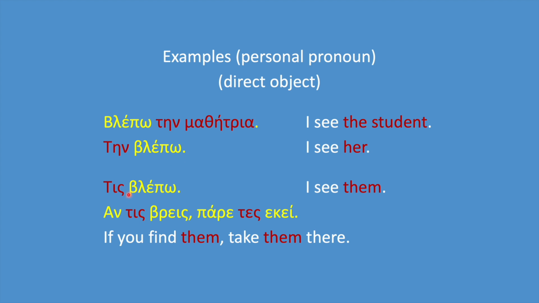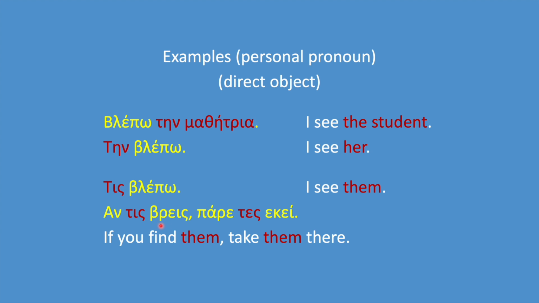The same in the plural. Τις βλέπω, I see them. Αν τις βρεις, πάρε τες εκεί. If you find them, take them there. In this sentence, we have both τις and τες.